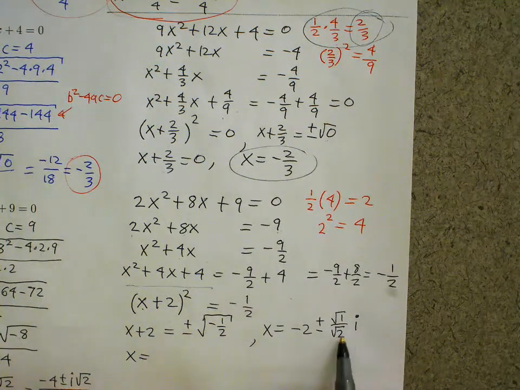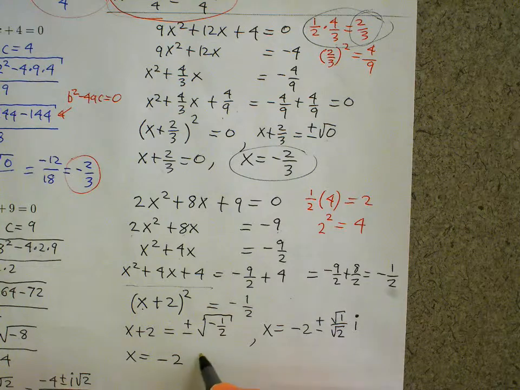And then we're going to have to rationalize the denominator. So x equals negative 2 plus and minus, the square root of 1 is 1, so we have 1 divided by the square root of 2.